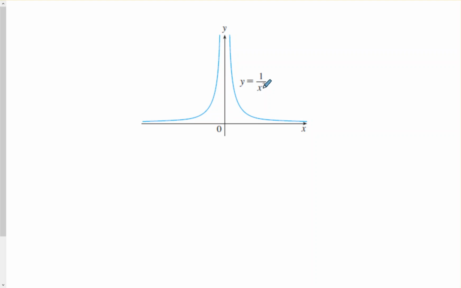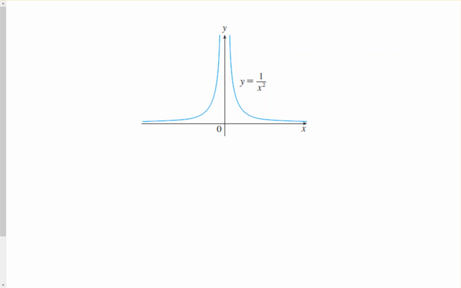Because at 0, when we plug 0 in here, we get an undefined. That's always a big clue that the function is not going to exist there.